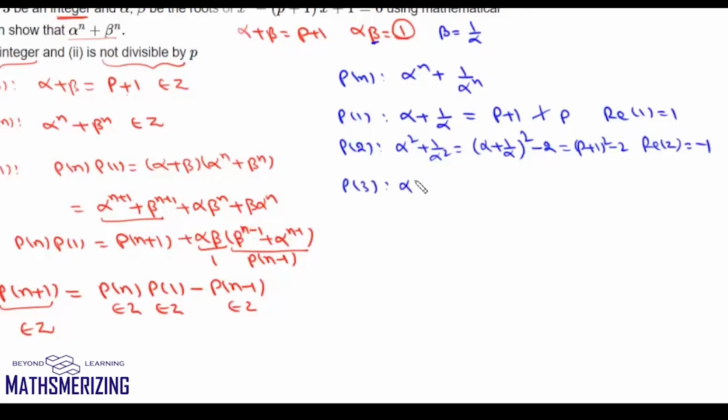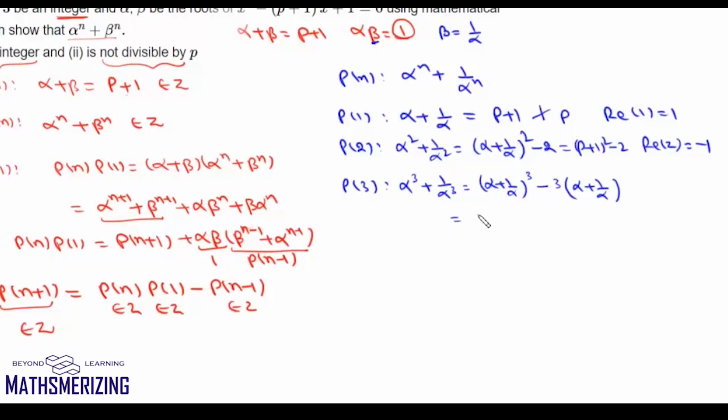P3 will be alpha cube plus 1 upon alpha cube, and that should be (alpha plus 1 upon alpha) whole cube minus 3 (alpha plus 1 upon alpha).